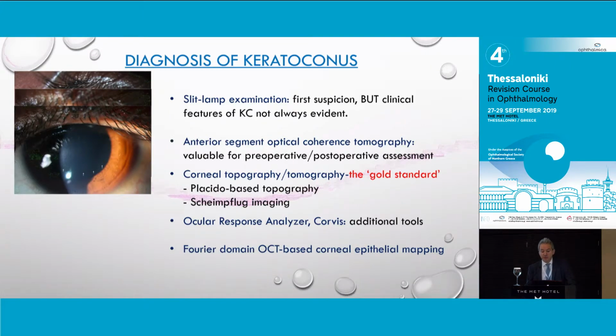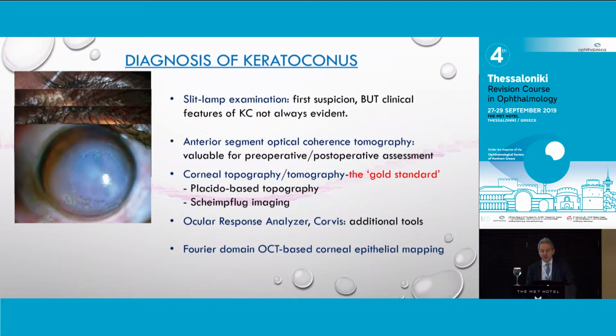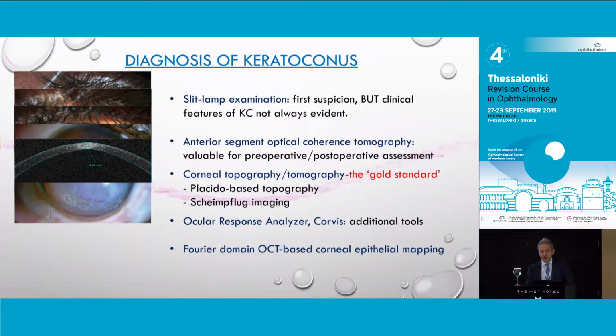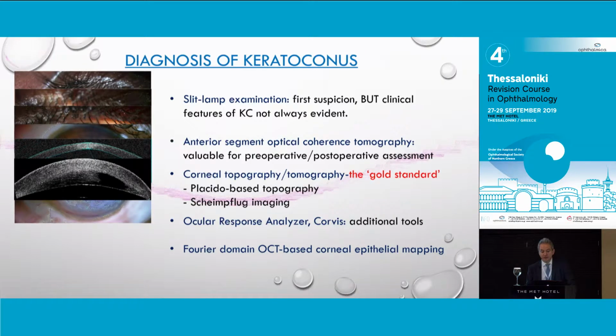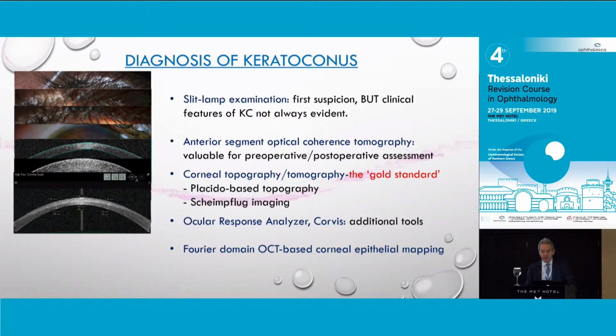Anterior segment tomography is also not sufficient for early diagnosis. It's useful, for example, for evaluating corneal eye drops and treatment after cross-linking, but not for early diagnosis. So here you can see, for example, patients with eye drops and status after cross-linking with demarcation line.